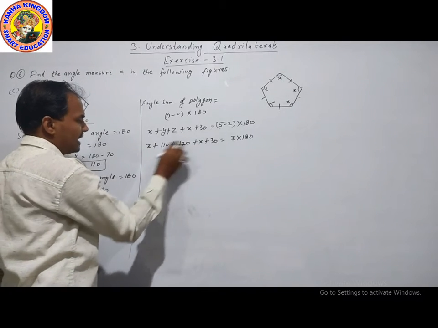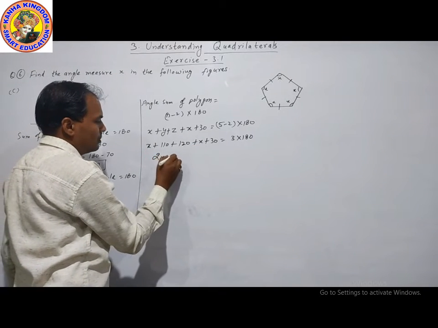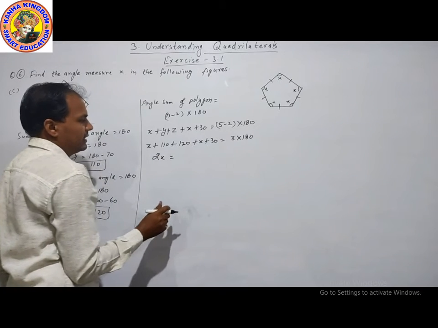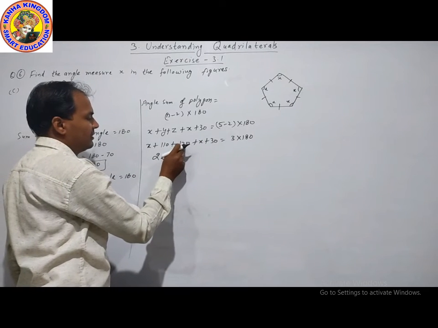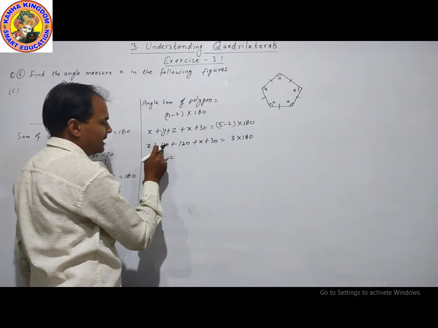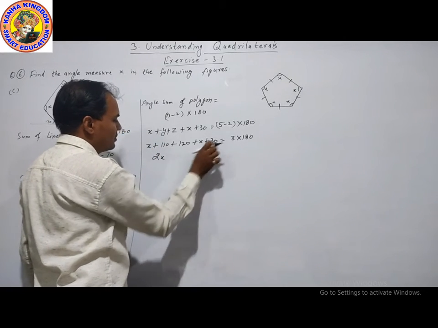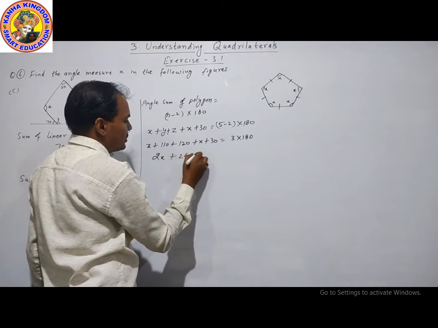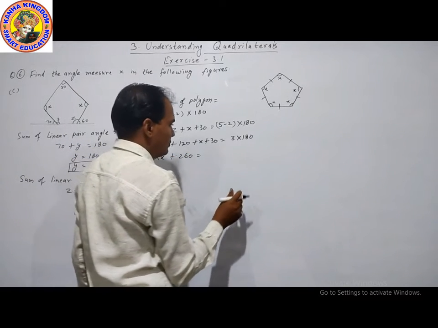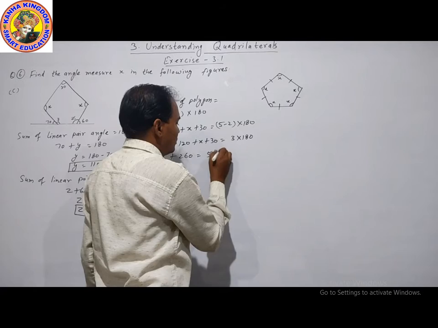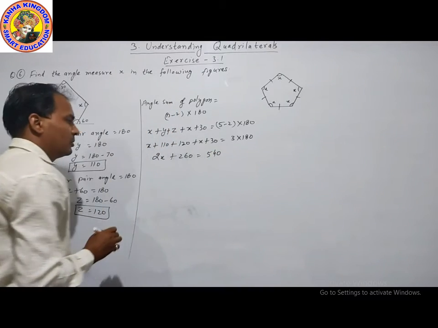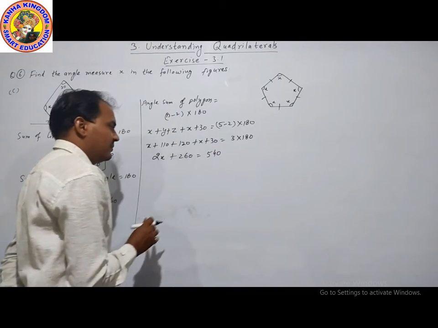Now x plus x, 2x, by adding these 30, 120, 150, then 260. 2x plus 260 is equal to 180 into 3, 540.